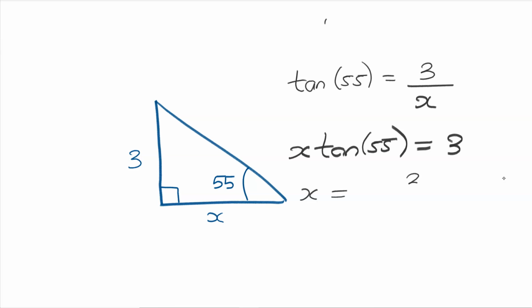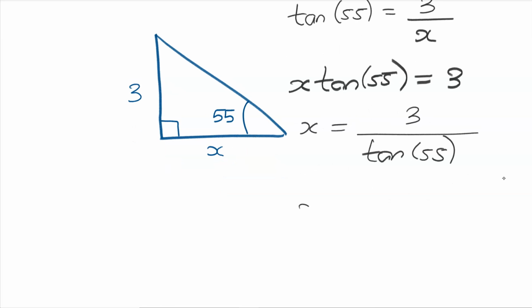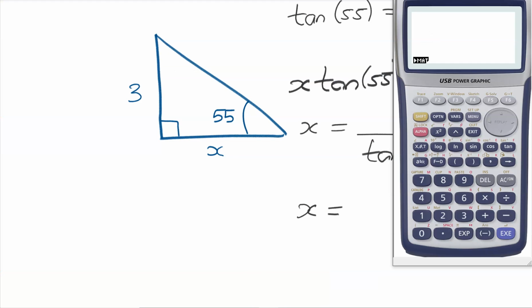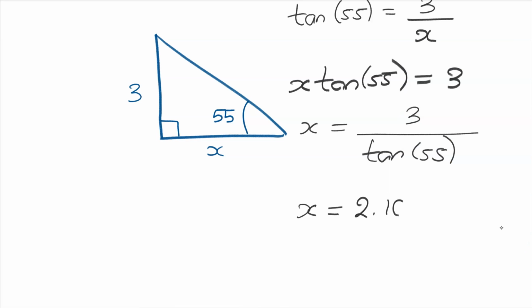So x equals 3 divided by the tan of 55. Don't treat the tan and the 55 separately. Remember, they are together. Therefore x equals, so put that in my calculator, 3 divided by tan 55, and we get 2.10 rounded. So we can find that the adjacent length is 2.10 rounded.